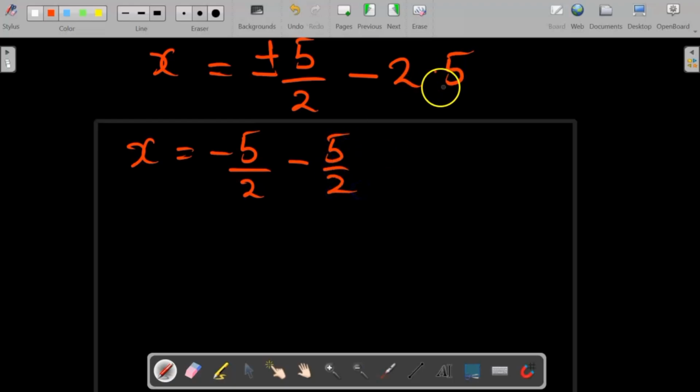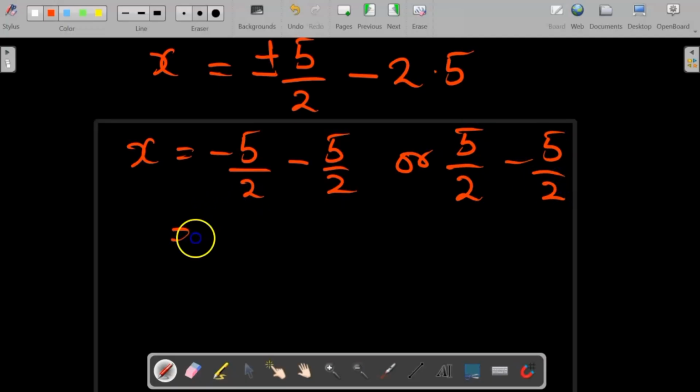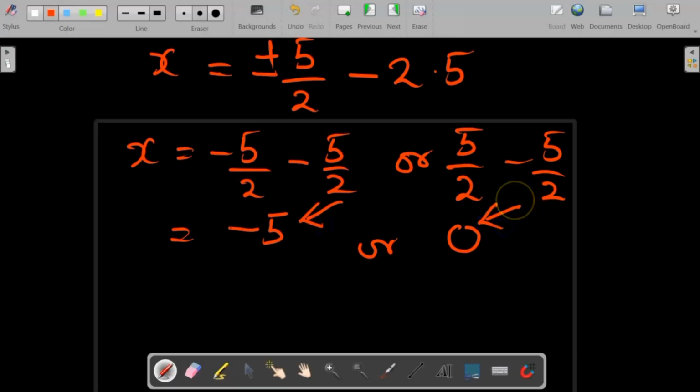I've changed this to a fraction, or 5 over 2 minus 5 over 2. So minus 5 over 2 minus 5 over 2 is equal to minus 5, or 5 over 2 minus 5 over 2 is equal to 0. So this one gives us minus 5 and this one gives us 0.